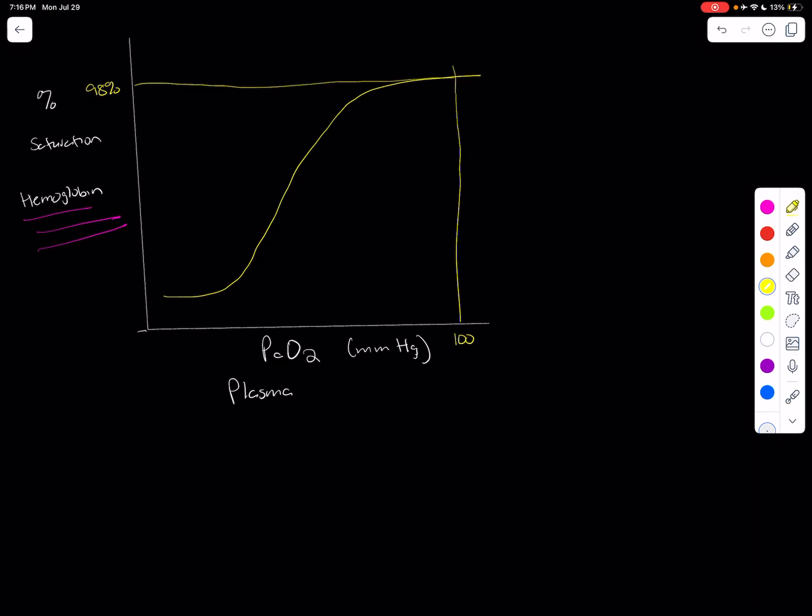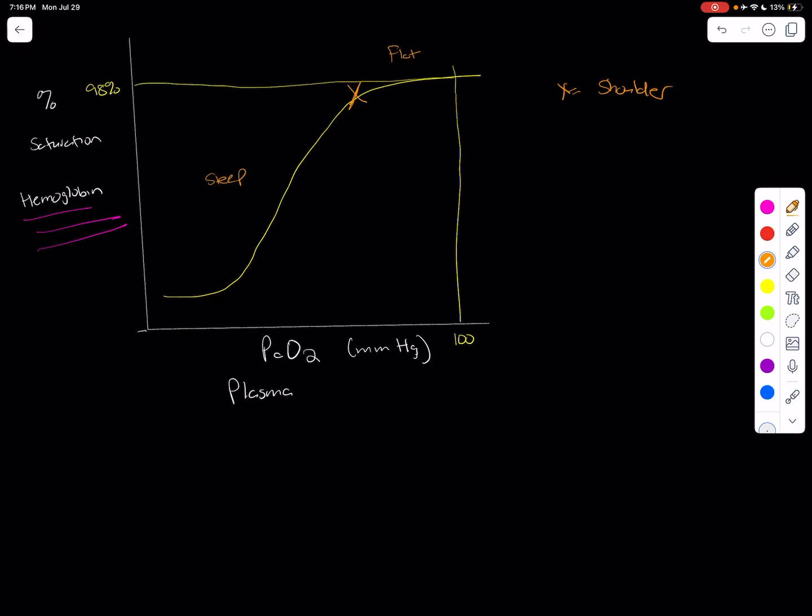Nice and simple, right? A couple of things I want to point out. First of all, right here is what we call the shoulder, okay? The shoulder is where we transition from the steep part, this is the steep part, to the flat part of the curve up here.